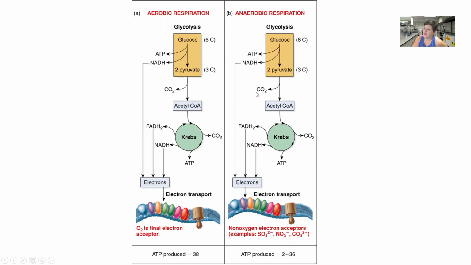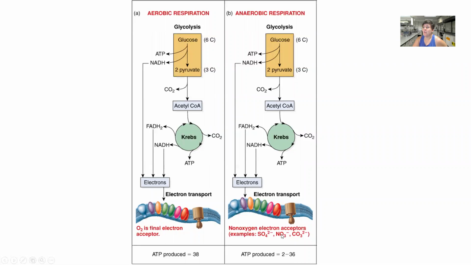You'll note that in this case, oxygen is still required for intermediate and Krebs cycle, right? You still have CO2 released, but it is not required for the electron transport chain. And that's called anaerobic cellular respiration.